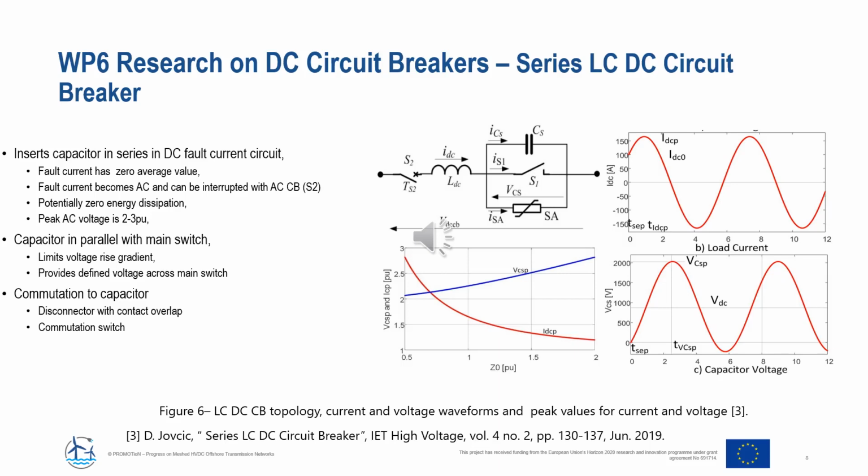The benefit of this approach is that the voltage gradient is now limited, and we have defined the voltage across the main switch. The commutation from the S1 to the capacitor can be achieved in many different ways, for example, using a disconnector with the contact overlap or with a separate commutation switch.